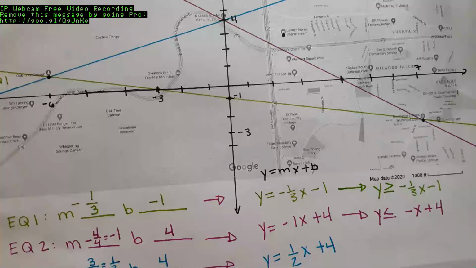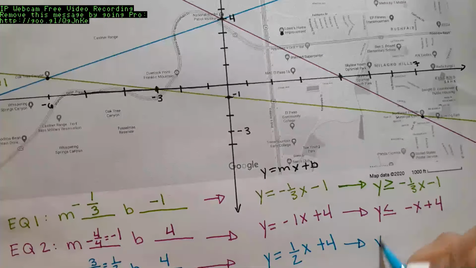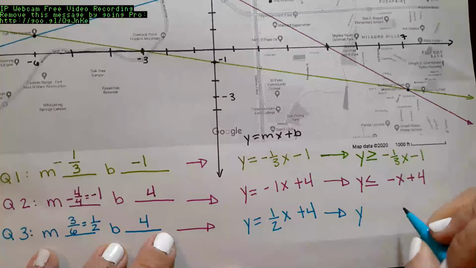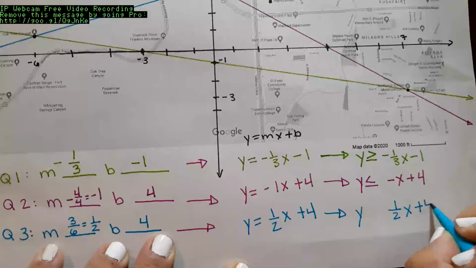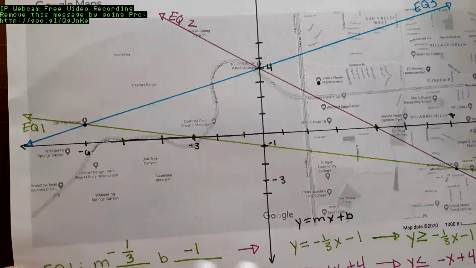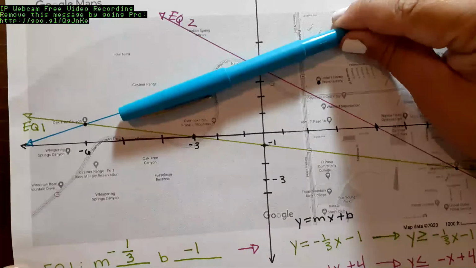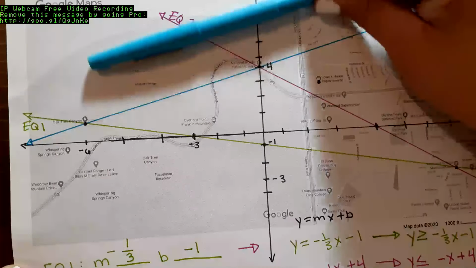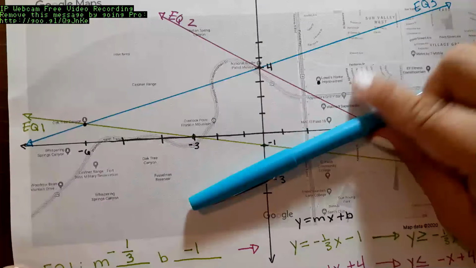Okay, for the last one, I'm going to go ahead and write my y and the rest of my equation. And looking at my third line, I'm going to ask myself again, do I want to shade above or below my line?